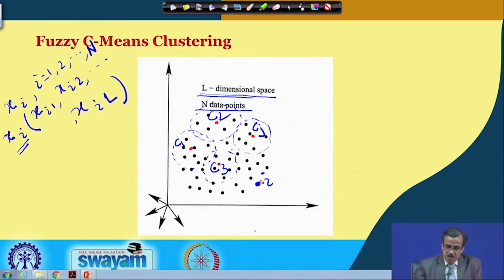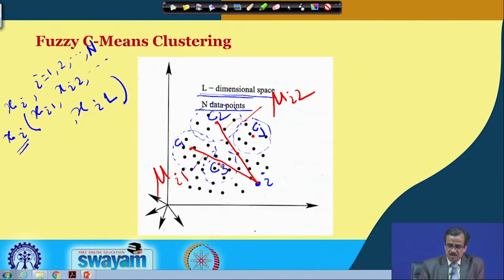And from this ith point, we try to find out what should be the membership value. Supposing that the membership function value between the ith data point and the first cluster center is mu i1, that is the membership value between the ith data point and the first cluster. Similarly, the membership value between the second cluster and the ith data point is mu i2.